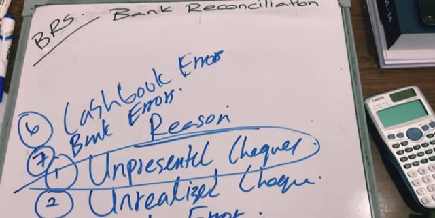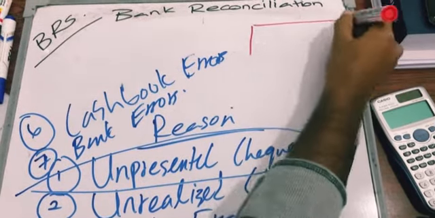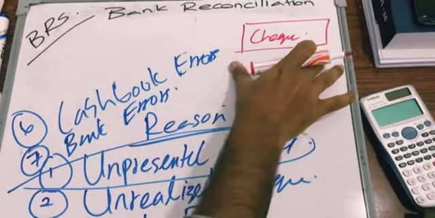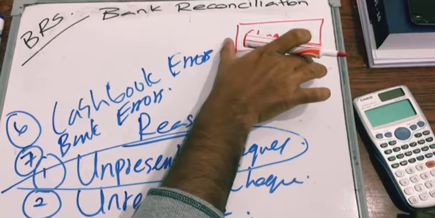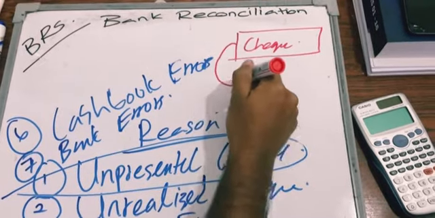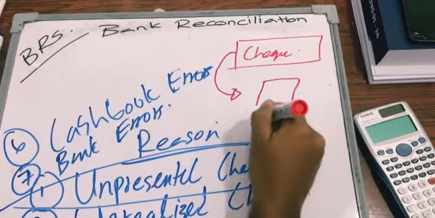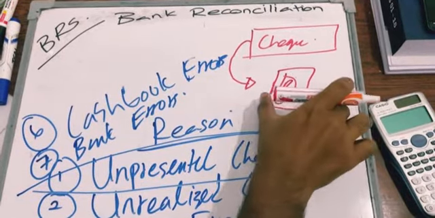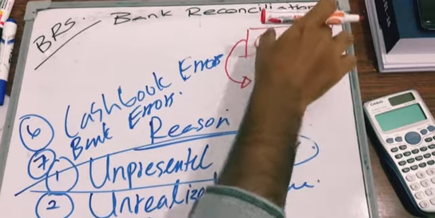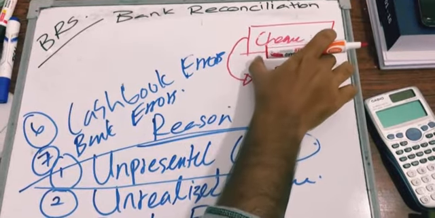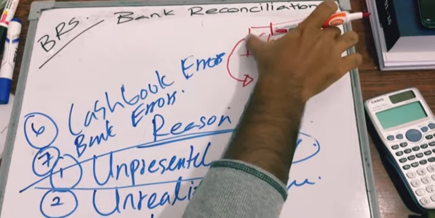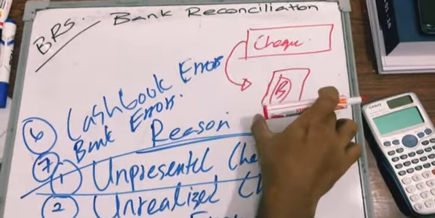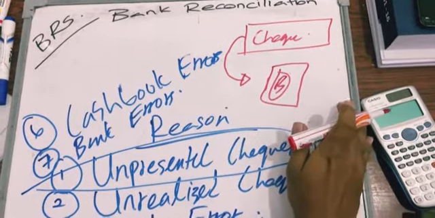Now you are issuing a check, but that person has not presented the check to the bank to receive the amount stated on it. Unpresented checks means the person who holds the check has not yet presented it to the bank to receive the payment.